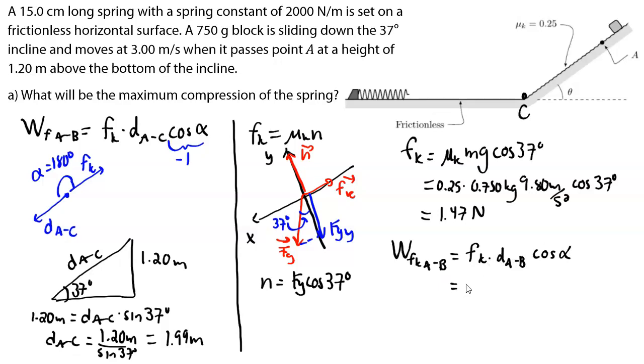So when we put all of this together, we get 1.47 newtons times 1.99 meters times the cosine of 180 degrees, as we discussed. So in the end, we get 2.92 newton meters, that's joules, that's good, and the cosine of 180 gives us this extra negative sign in the calculation.